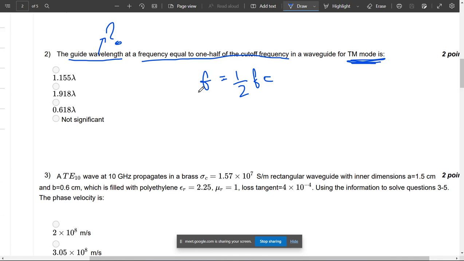Guide wavelength here means that, see, in the waveguide there will be an electromagnetic wave propagating, right? So whatever the wavelength of the electromagnetic wave propagating in the waveguide is, that is the guide wavelength.